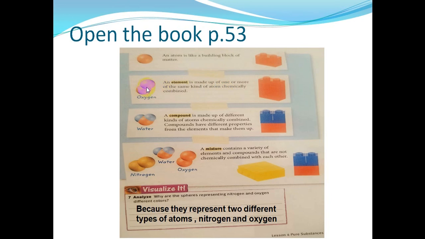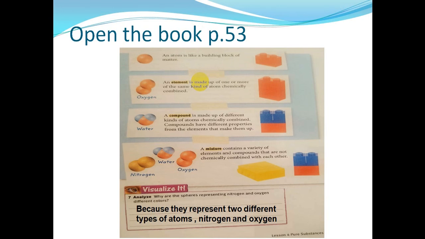As we see here, they are the same kind, and they have a bond between them. They are attached together, like the two pieces of the blocks, they are connected together. It's a little bit harder to take them away from each other because they have a bond between them. But in elements, we have to know that they are the same kind of atoms. They have the same color and the same size. They are the same atoms.